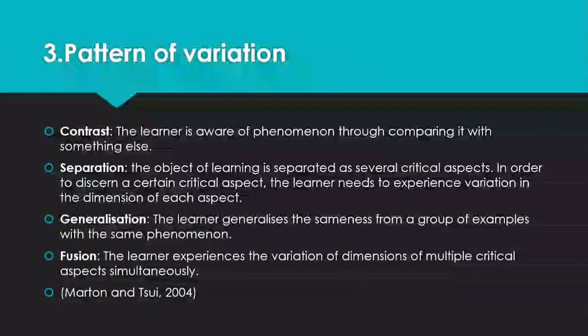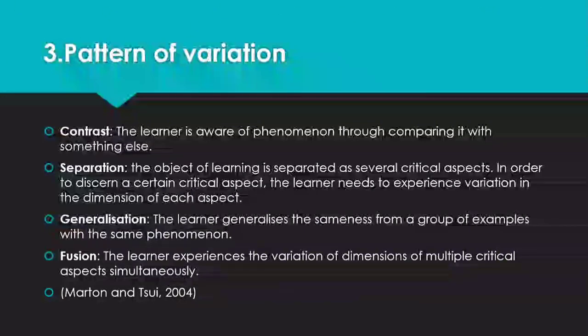In 2004, Marton and Tsui described the pattern of variation in four steps: contrast, separation, generalization, and fusion. First, contrast. In contrast, the learner becomes aware of a phenomenon through comparing it with something else.